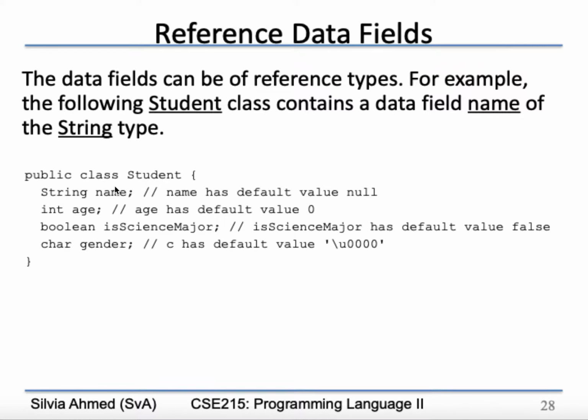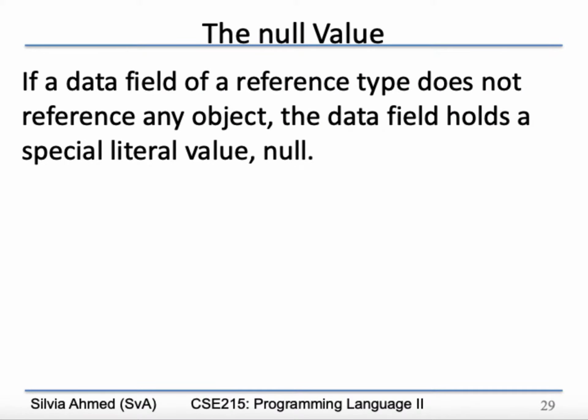Here the type of name is string, and string is a reference value. So if a data field of a reference type does not reference any object, the data field holds a special literal value called null. Null means it actually points to nothing.